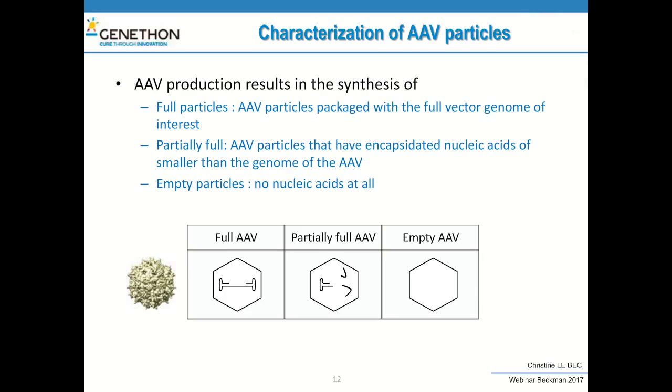The partially full are AAV particles that have encapsulated nucleic acid smaller than the genome of the AAV, but you can also have particles with some DNA coming from the process, like the cellular DNA, the plasmid DNA, the baculoviral DNA, and the empty particles do not have any nucleic acid at all.